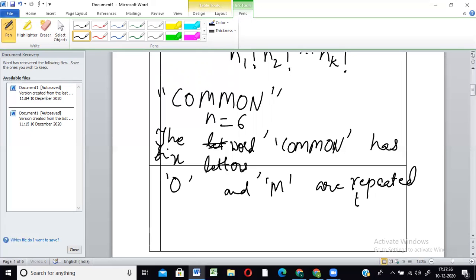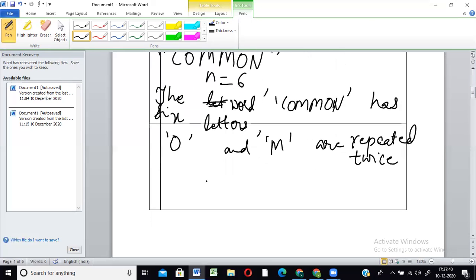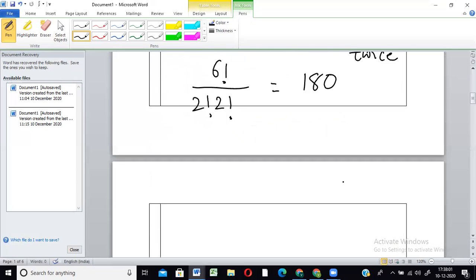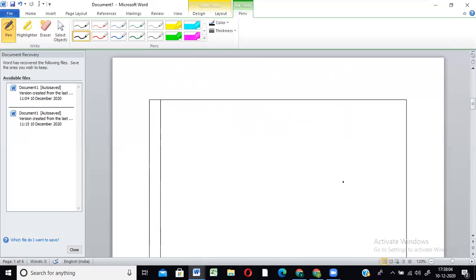So the total required number is n factorial upon n1 factorial into n2 factorial. This will be 6 factorial upon 2 factorial into 2 factorial, which is 720 divided by 2 into 2, that is 4. So the answer will be 180. This is one question based on repetition of objects.